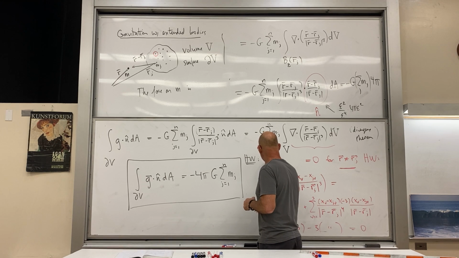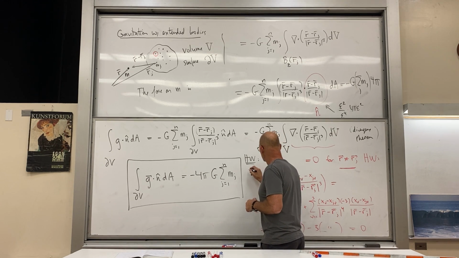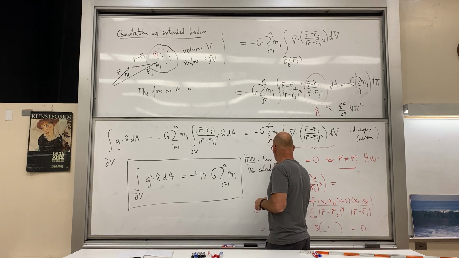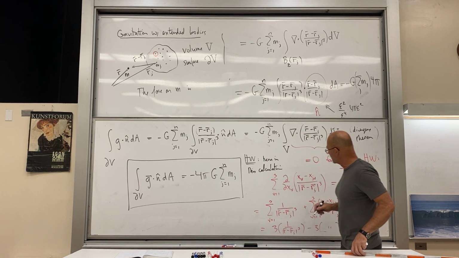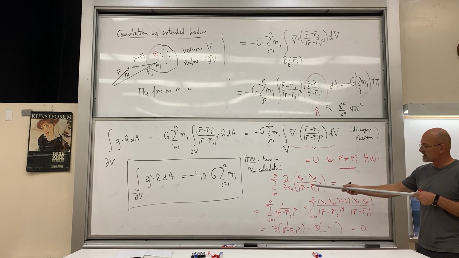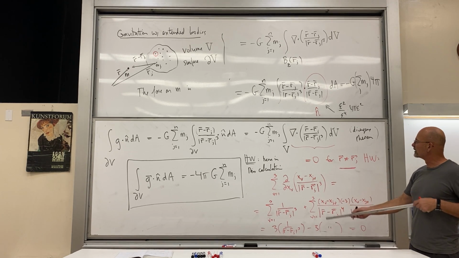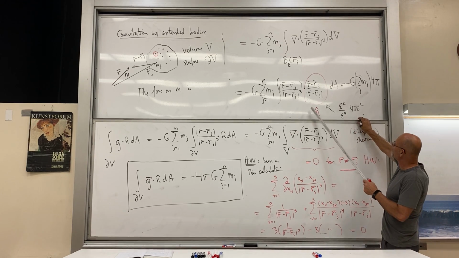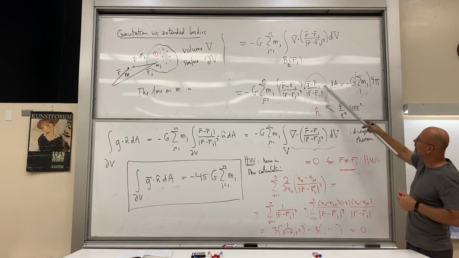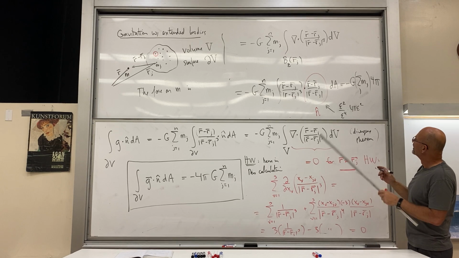So turn in this as a calculation. In particular, I want you to know this divergence calculation here. Understand how that came into play. And also, when I gave this argument with these epsilon balls, make sure you see what's going on right there as well.